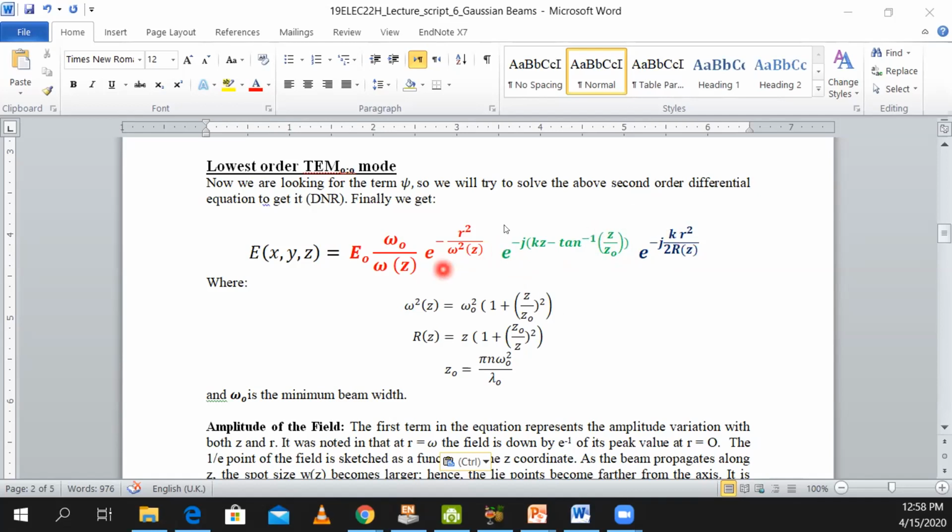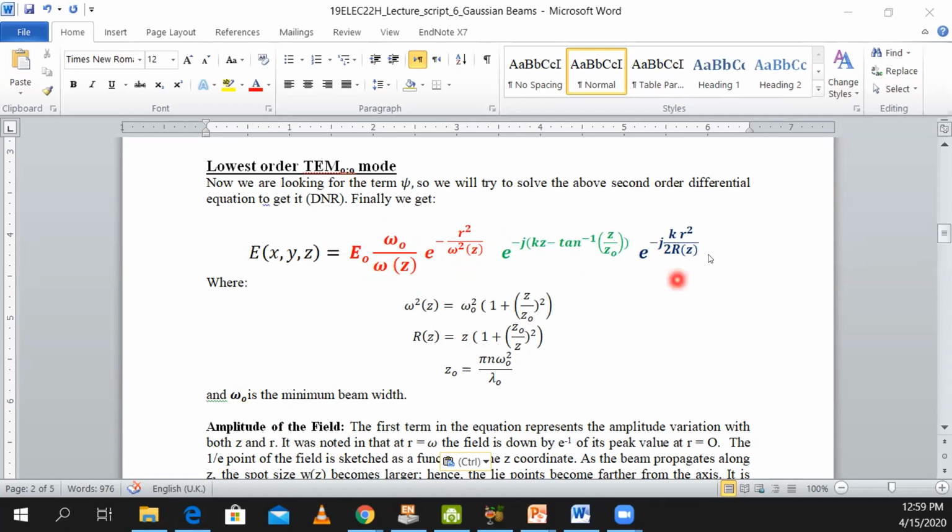The first exponential, still in red, is e power minus a value, so it is a basic attenuation curve. If you remember, e power minus alpha x, for example, is an attenuation. This term contributes to the amplitude because it attenuates the amplitude value. That's why we will call all this red portion of the equation the amplitude of the field.